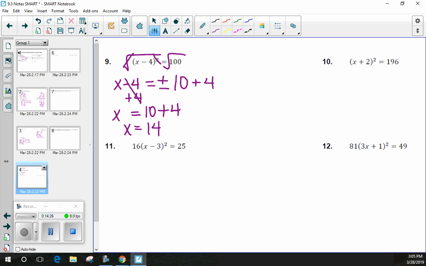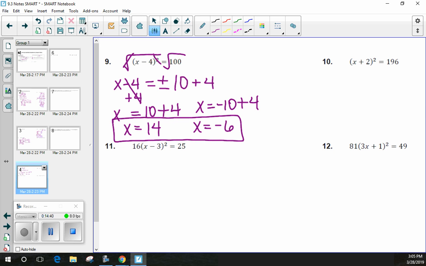But then there's also the other solution, which is negative 10 plus 4, which gives us negative 6. These are the x-intercept solutions, zeros, roots, whatever you want to call them, right? That is the solution to that quadratic. This is where those x-intercepts live on the graph, okay?